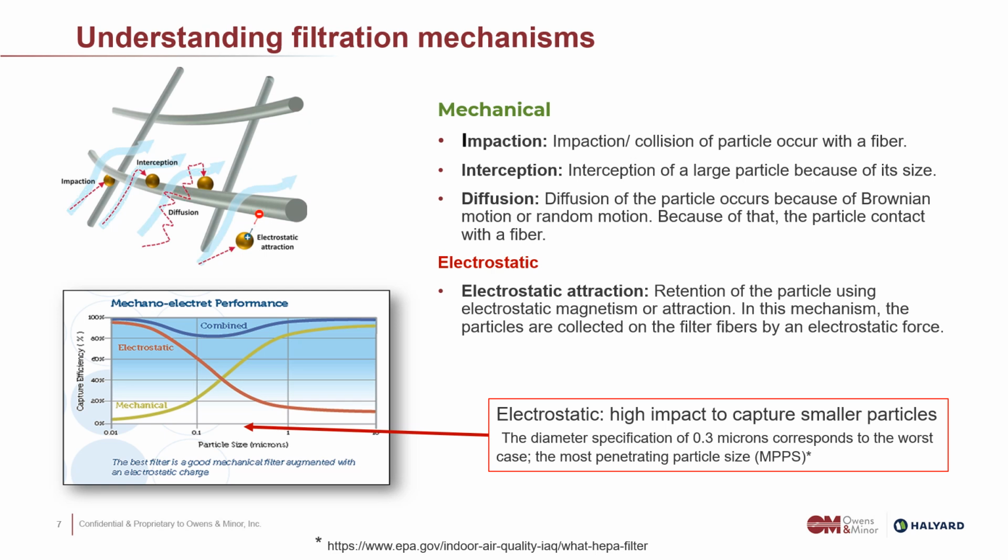There is also something called electrostatic attraction. Electrostatic attraction is exactly what we are doing with PowerGuard. And the interesting part of putting PowerGuard on the sterilization wrap is this drawing here, bottom left. You see that the mechanical filtration only starts to kick in properly at the moment that you have about a 1 micron particle.